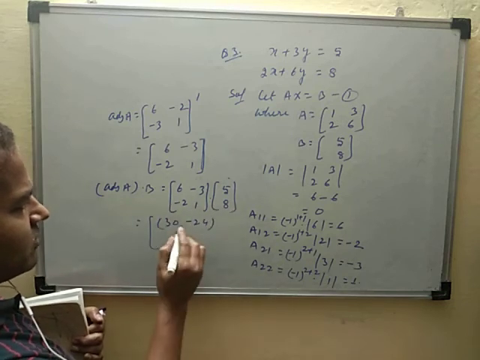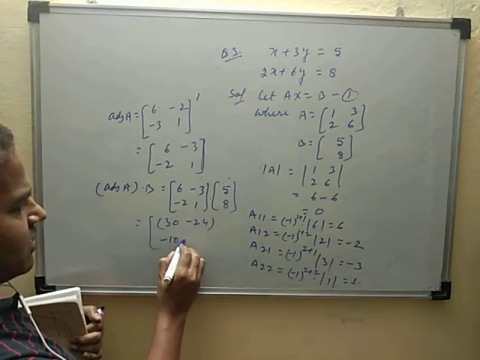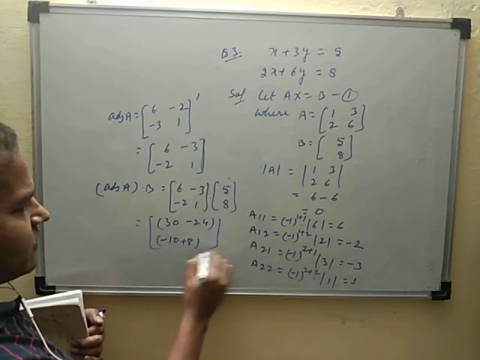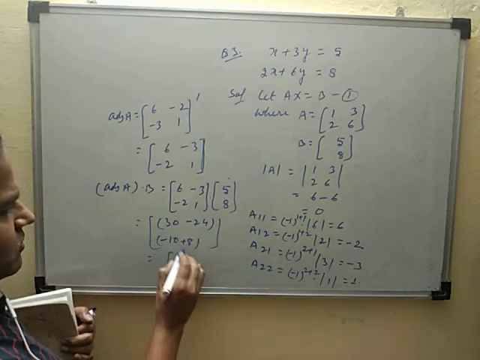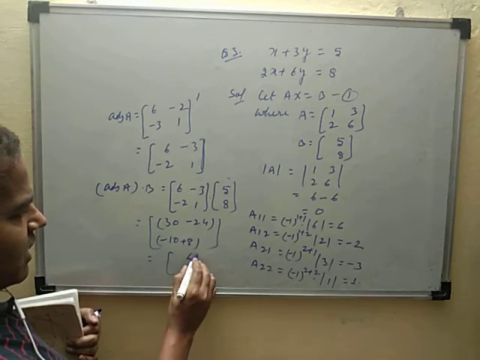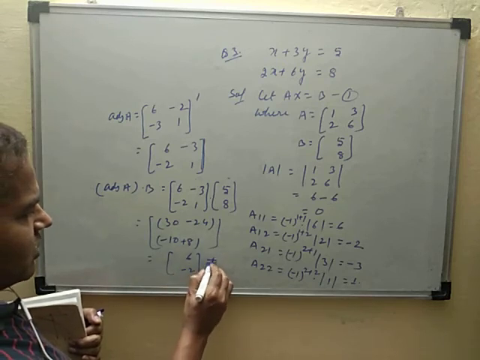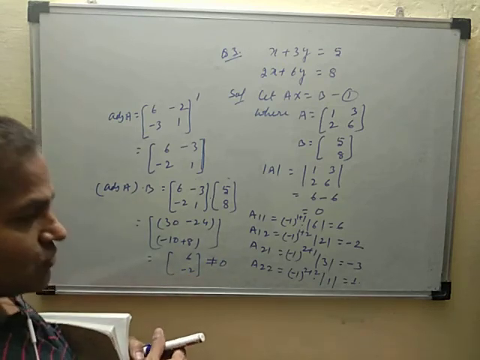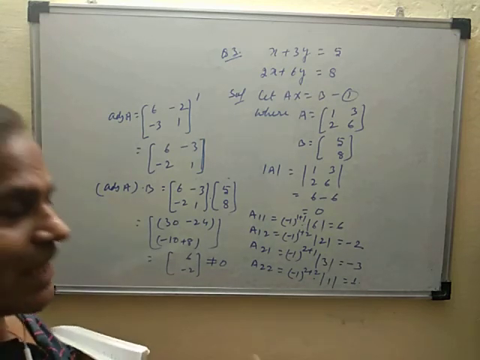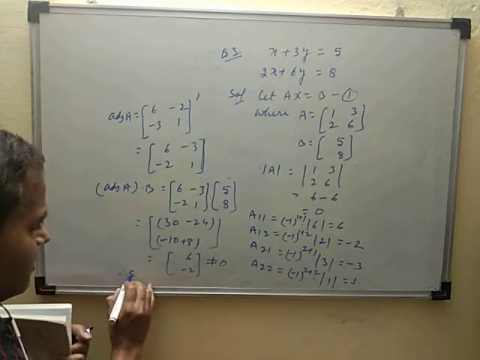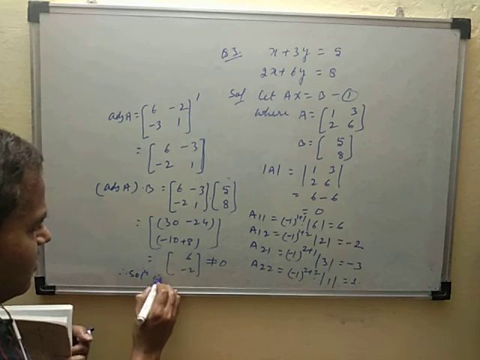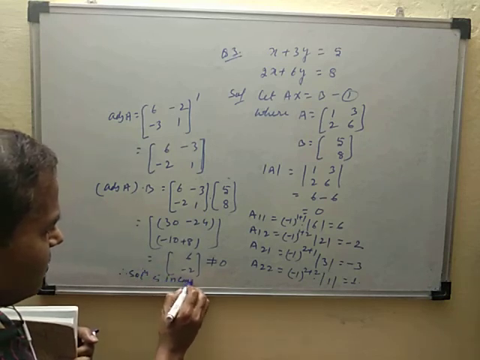Next R2 C1, so minus 10 plus 8. This equals 6 and minus 2, which is not equal to 0. So the solution is inconsistent.